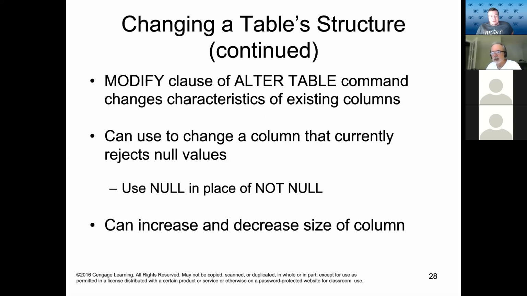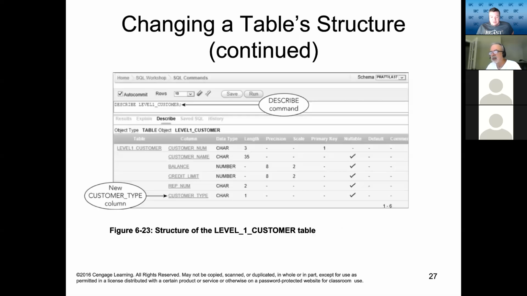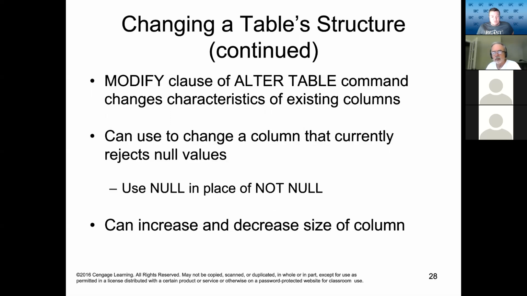We can use modify to do so. We can change a column that currently rejects null values. So oftentimes we will, out of the gate, make a column nullable, fill in data as required, and then change that column to not be nullable. So we'll use null in place of not null, or vice versa.